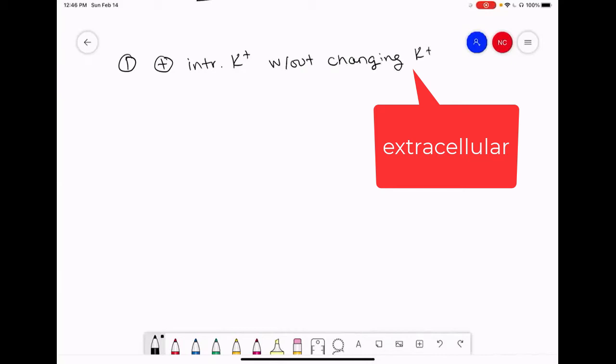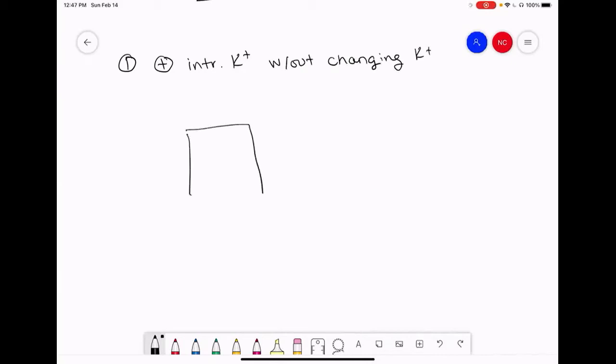So again, we're going to start with our cell. And we know that usually potassium has a higher concentration on the inside. So let's say that we add more potassium to the inside of the cell. What's going to happen as a result of that?